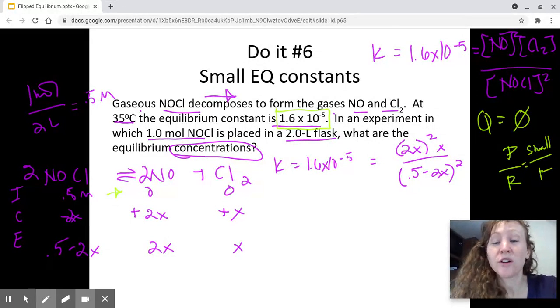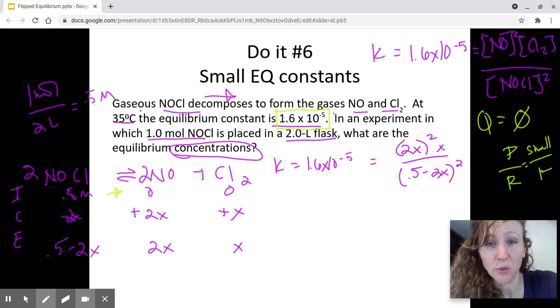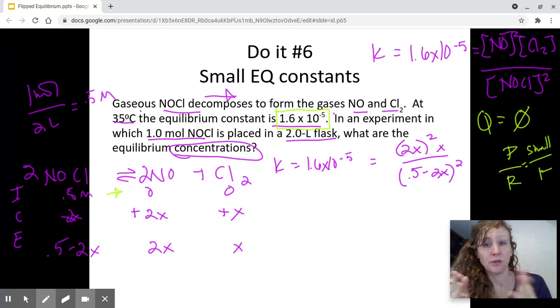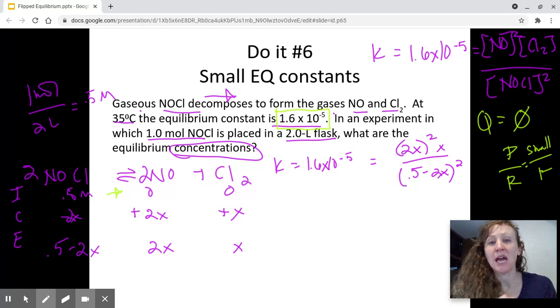It's on the order of 10 to the negative 5. So for every 10,000 reactant molecules, there's one set of product molecules. This is not going to shift forward very far, right? So we can draw those conclusions just by looking at the magnitude of K.